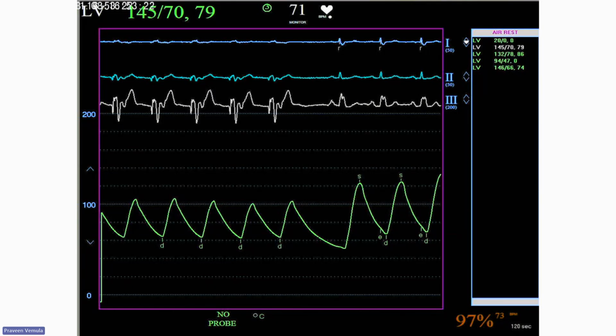There is some rhythm of the period cycle. I'm saying it is being paced. So on pacing, what is the blood pressure? 140 and 40. No, in the initial half, when it is being paced.